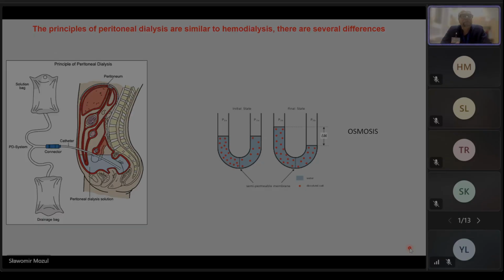About the principles of peritoneal dialysis, these principles are very similar to hemodialysis, but there are some differences. Diffusion of waste products and solutes across a semi-permeable membrane: this is the patient's own peritoneal membrane with small vessels inside, from blood to dialysate fluid.